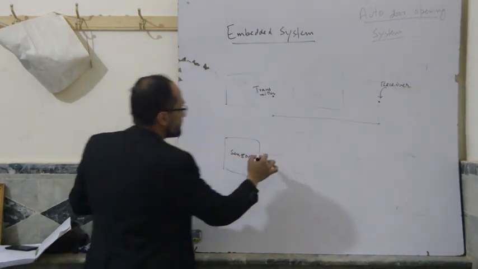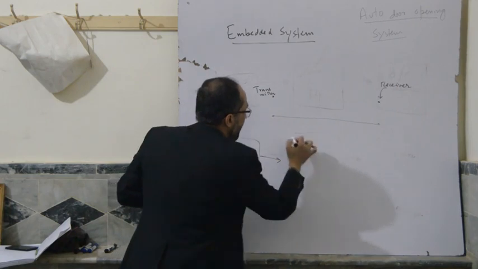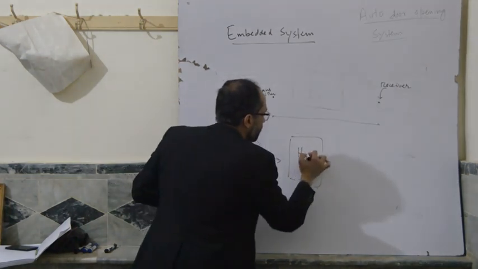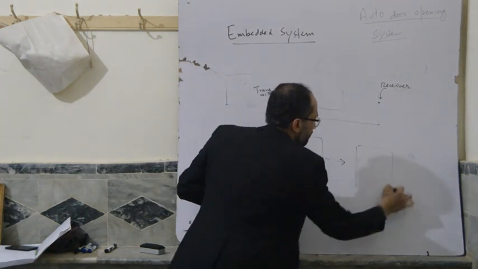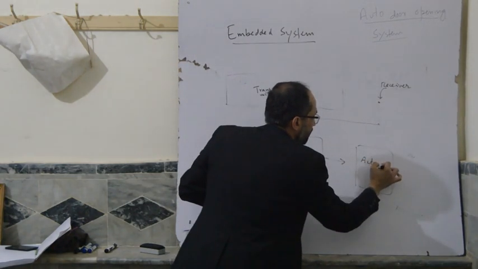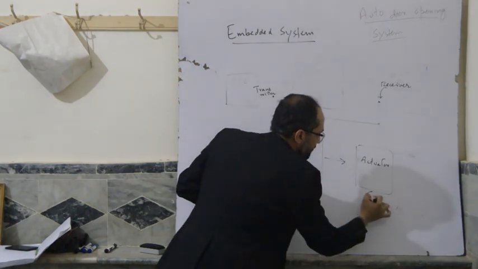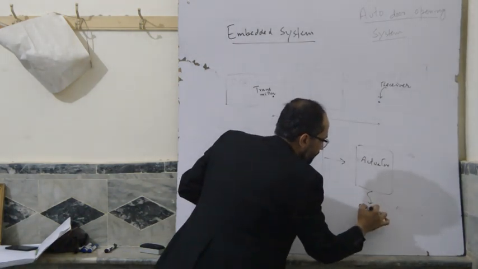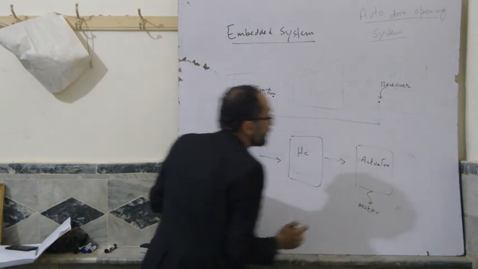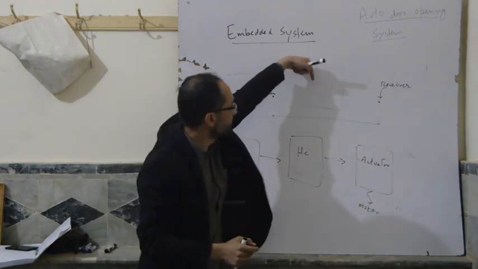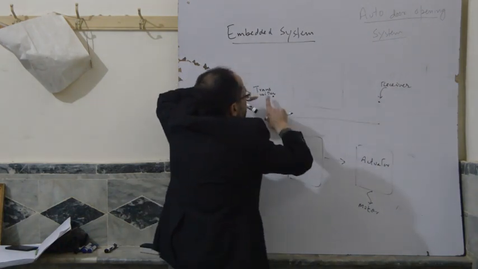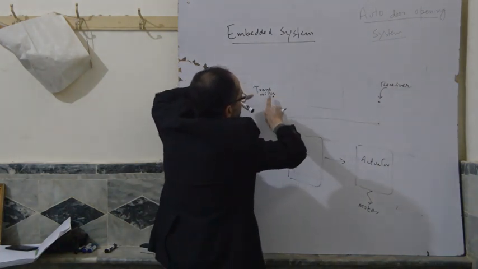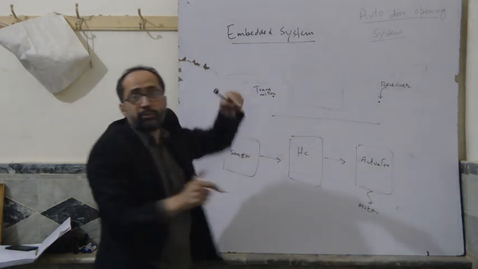When this sensor is interrupted, the microcontroller will generate a signal to the actuator, and in this example the actuator is a motor. So when a person passes through this way, the signal that is transmitted from the transmitter to the receiver will be interrupted.